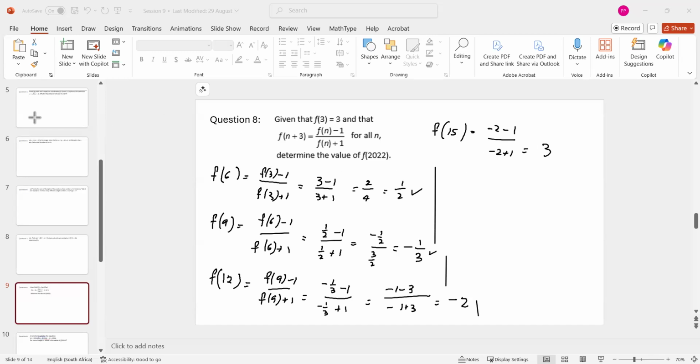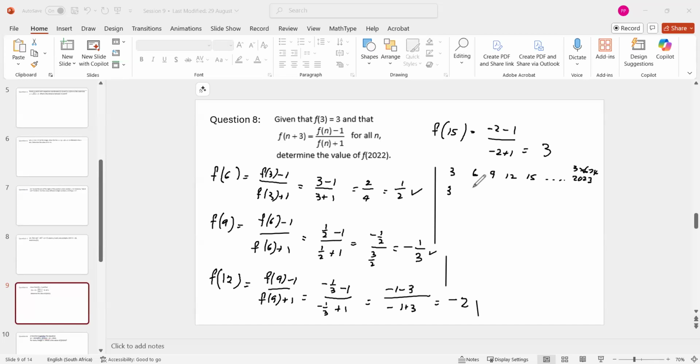Right, so my sequence, if I may use that word, starts from f of 3, 6, 9, 12, 15, going all the way up to 2022. Now, these are all multiples of 3, and this is also a multiple of 3, right? Because it's 3 times 674.